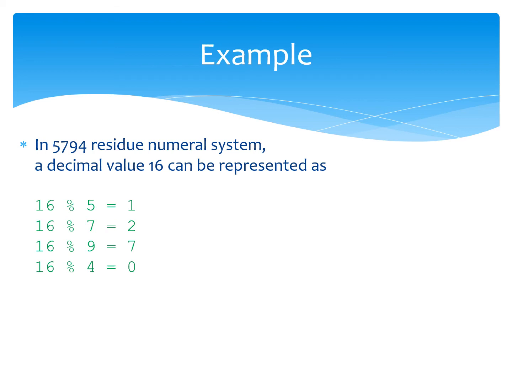So we calculate 16 divided by 5, and we obtain the remainder 1. 16 divided by 7, the remainder is 2. 16 divided by 9, the remainder is 7. 16 divided by 4, the remainder is 0. Thus, 16 in decimal can be represented as 1270 in the 5794 residue numeral system.